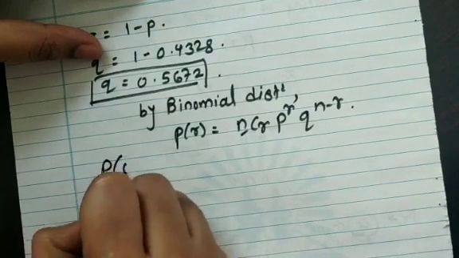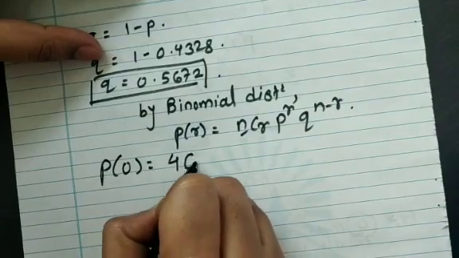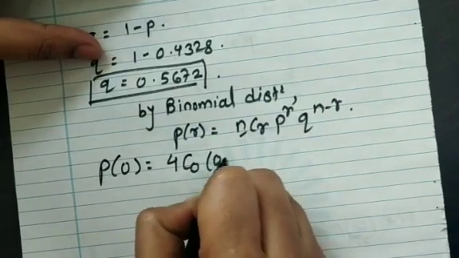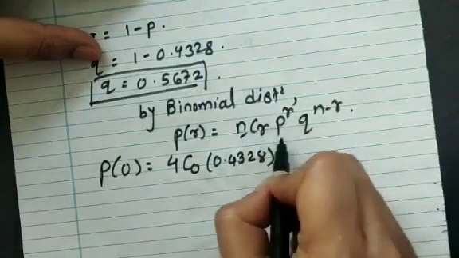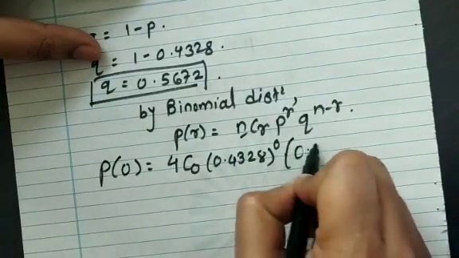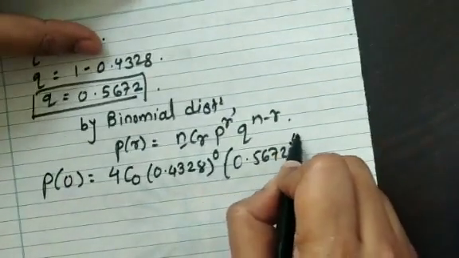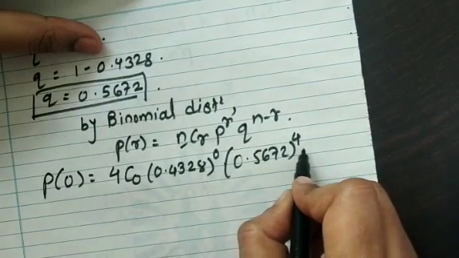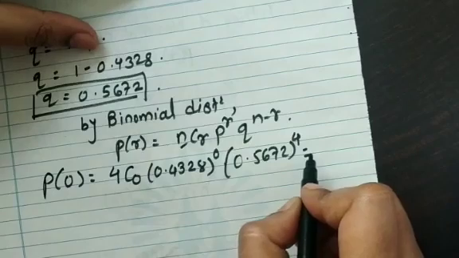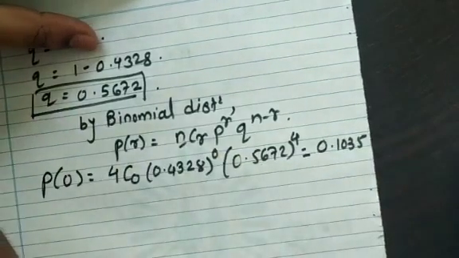Probability of 0 is equal to 4C0 into 0.4328 raised to 0 into 0.5672 raised to 4 minus 0, that is 4, which is equal to 0.1035.